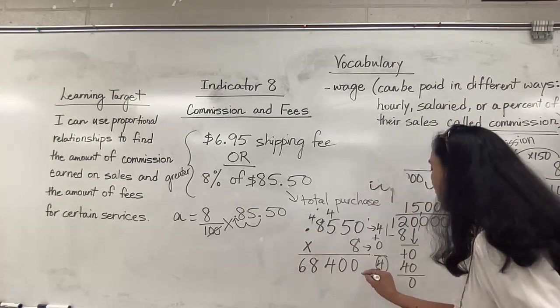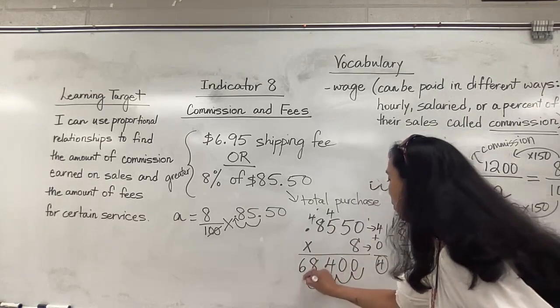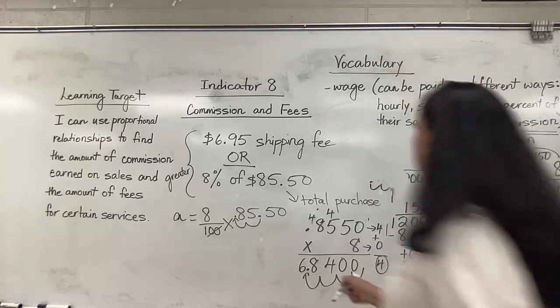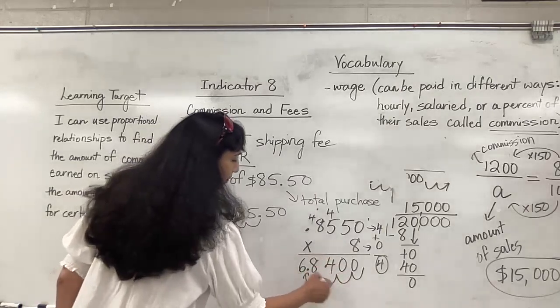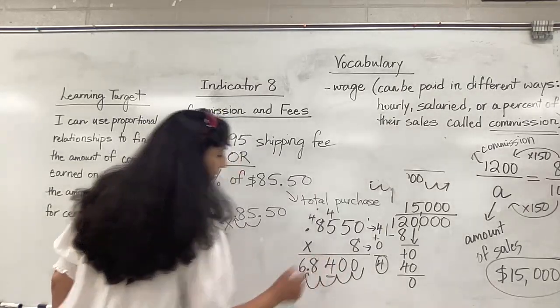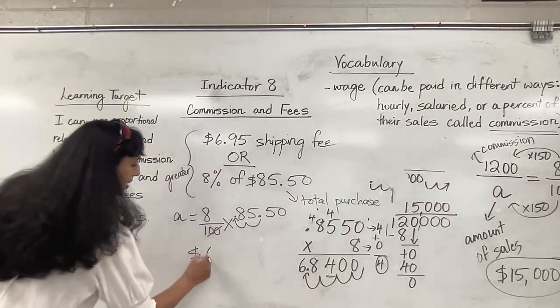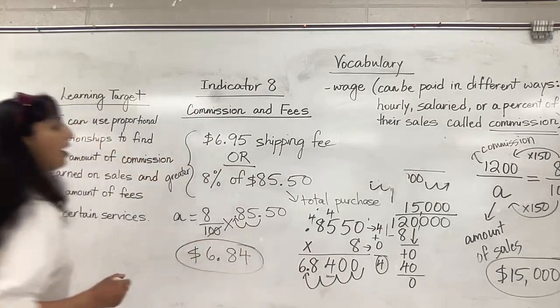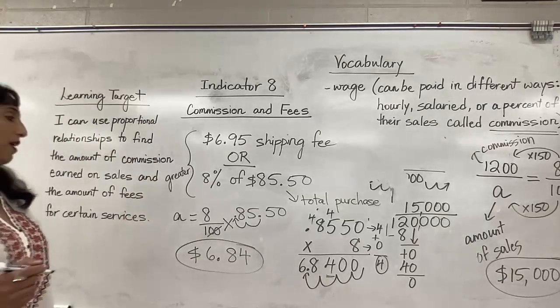Then I count 1, 2, 3, 4 places, and since it's money I've got to round to the hundredth place value. So this is $6.84 if I have 8% of 85.50.